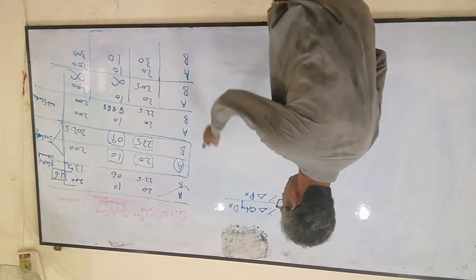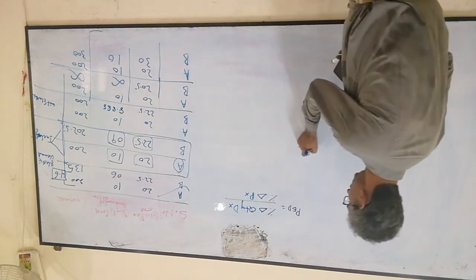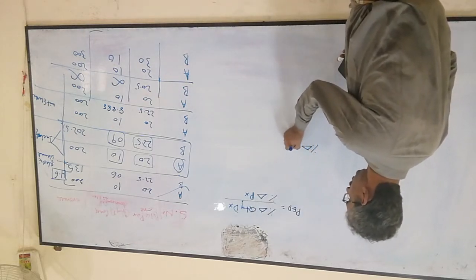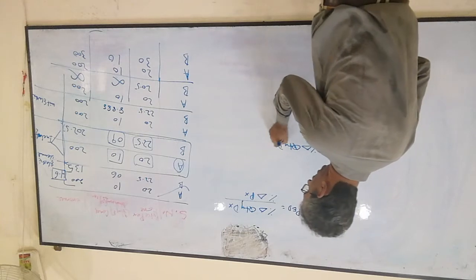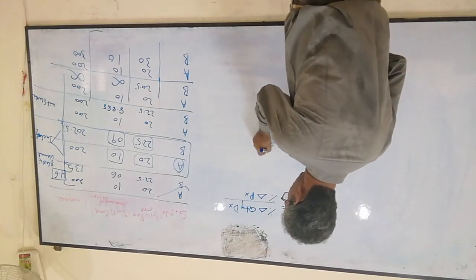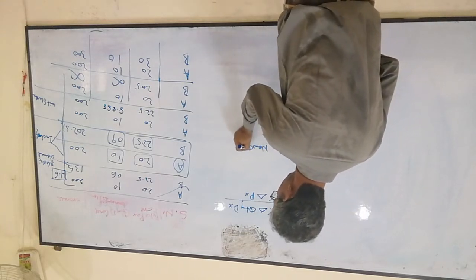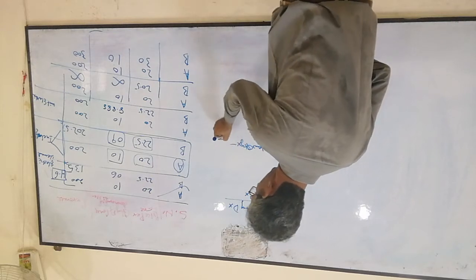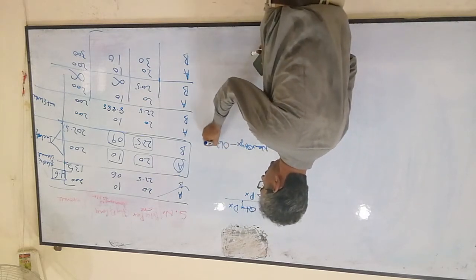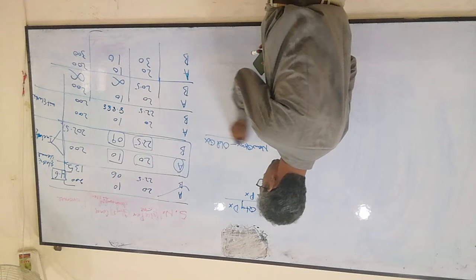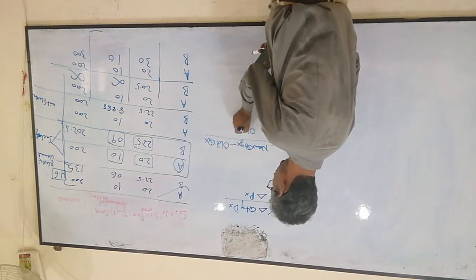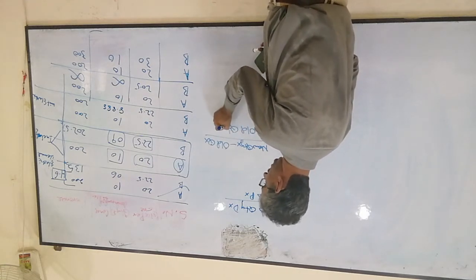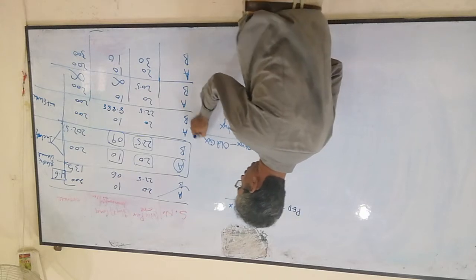So we have to repeat the same. The percentage change in quantity demanded of X equals new quantity of X minus old quantity of X divided by old quantity of X into 100.